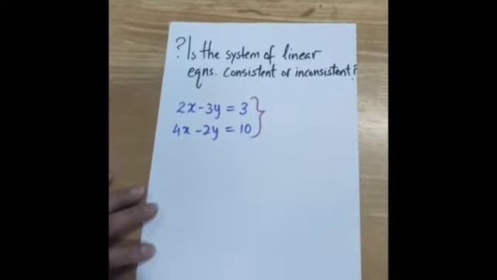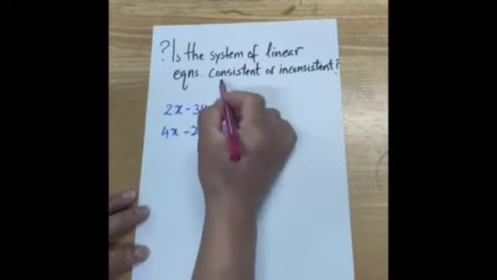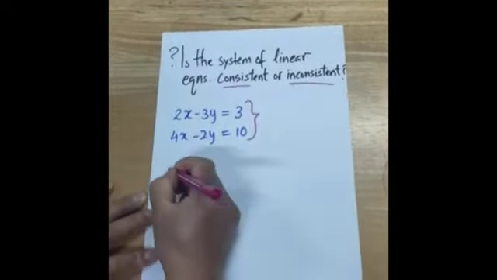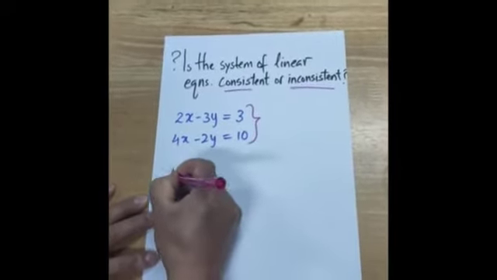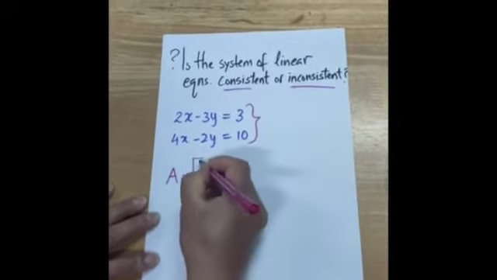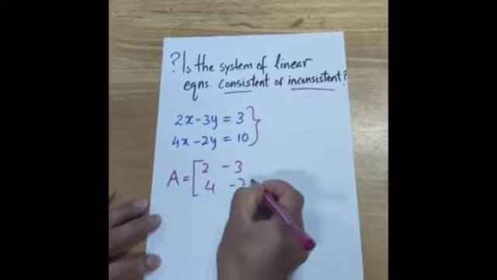To verify whether this system of linear equation is consistent or inconsistent, the first step is to get the coefficient matrix A. So our coefficient matrix A is 2, minus 3, 4, minus 2.